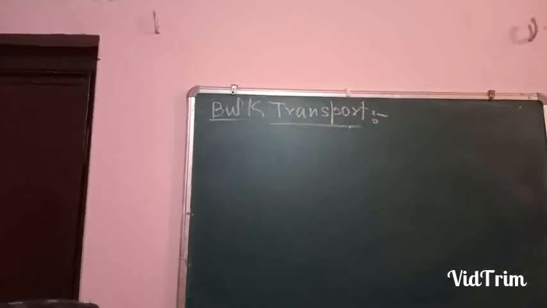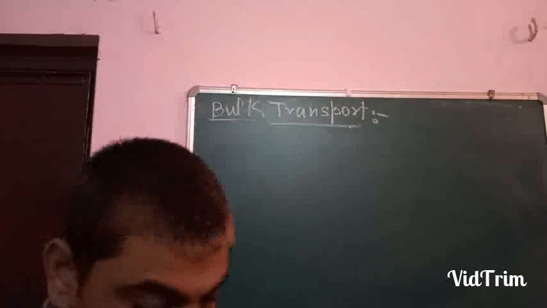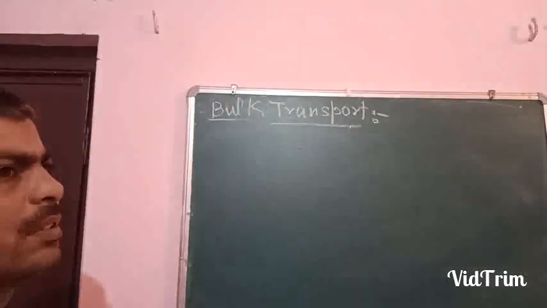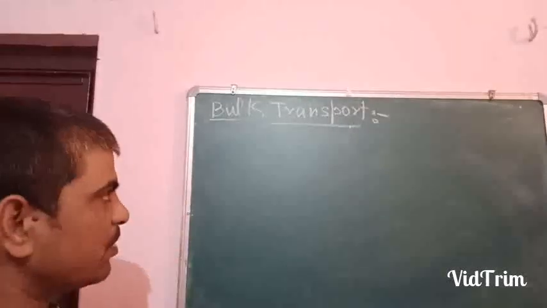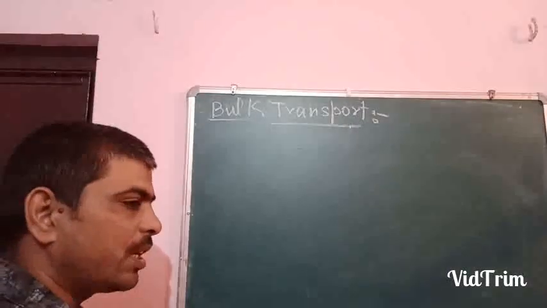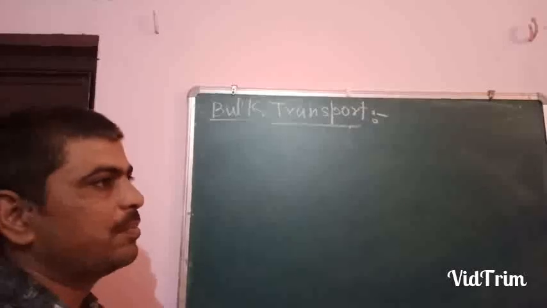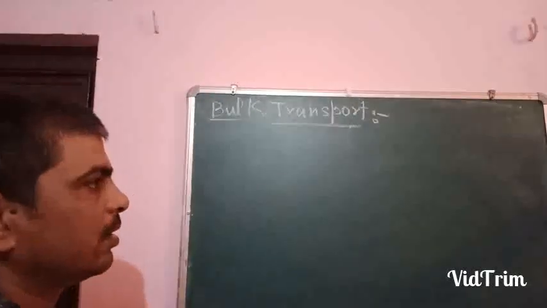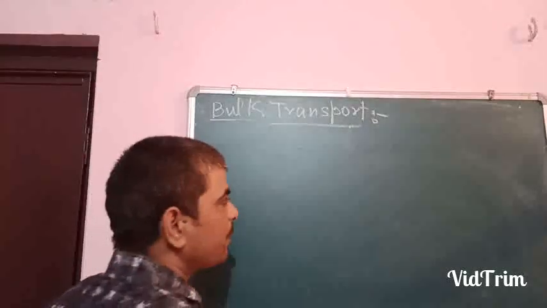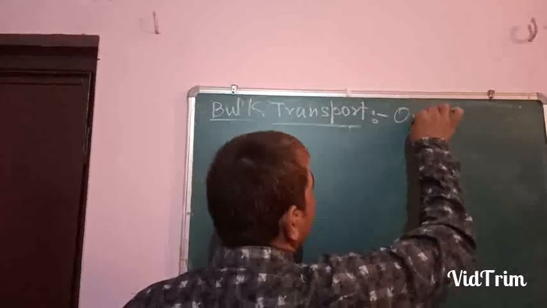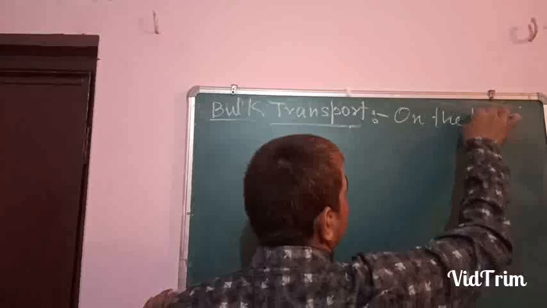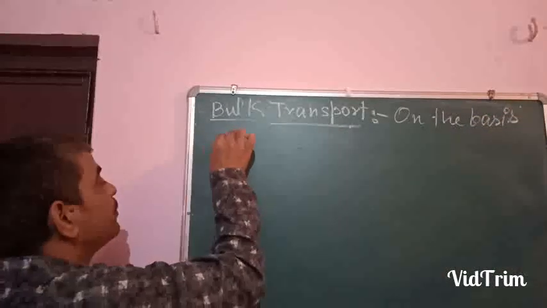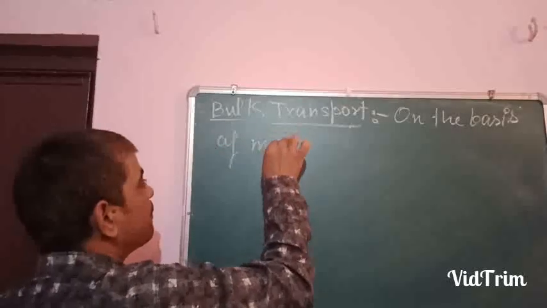Okay, and they can easily diffuse, they are allowed to pass. Some liquid molecules which have some special type of substances which are not allowed to pass across the plasma membrane, either they will pass through this mechanism or solid substances. Okay, on the basis of material.